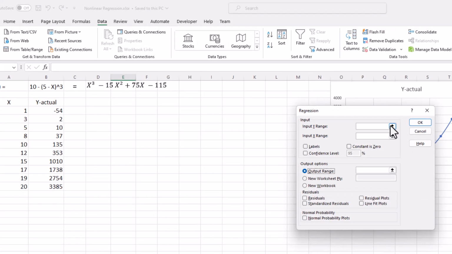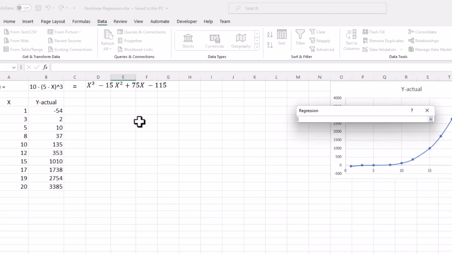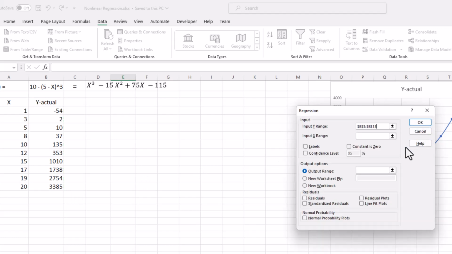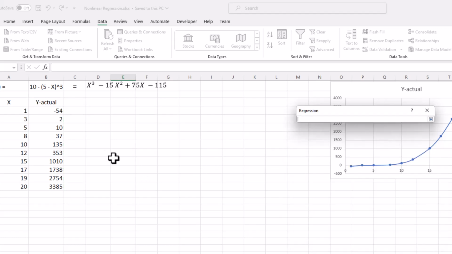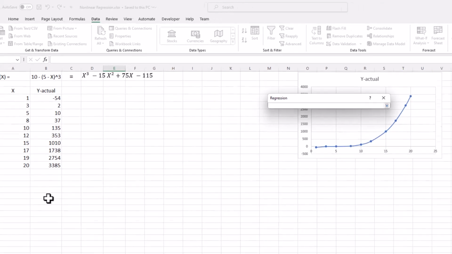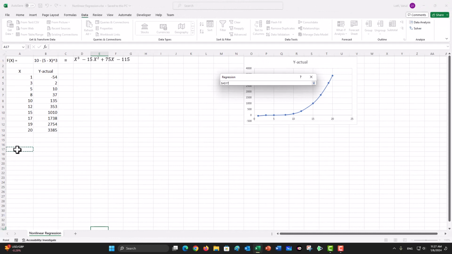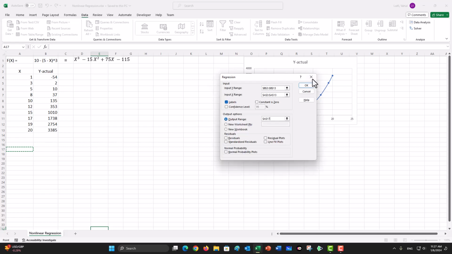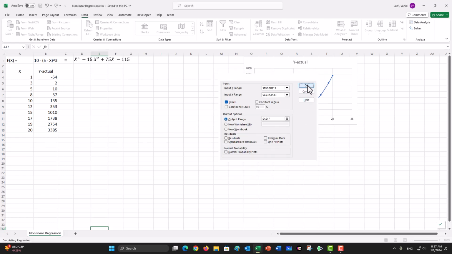I'm going to have to input my y range, which is over here, and then my x range, which is over here, and notice that I have to check mark the label because I included the label, and then I have to select an output range, which I am going to select this area here as I will continue to do more regressions, and then I'll just click OK.